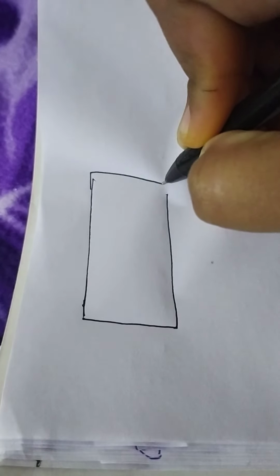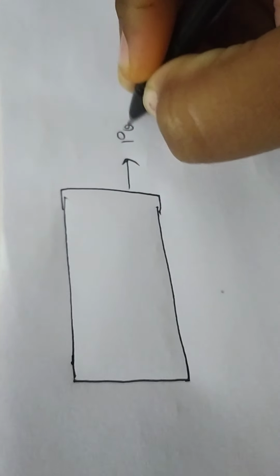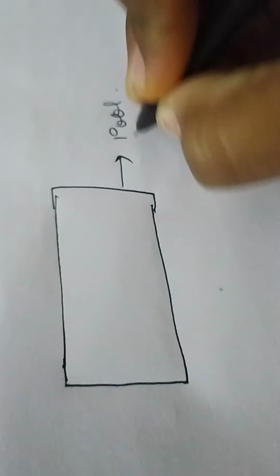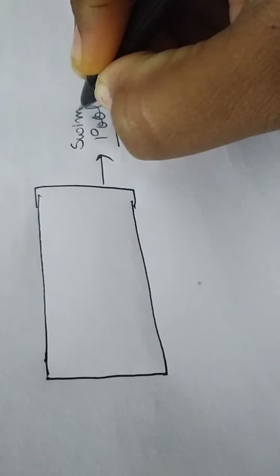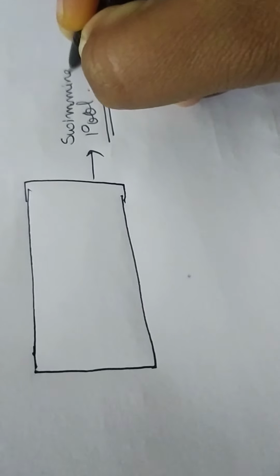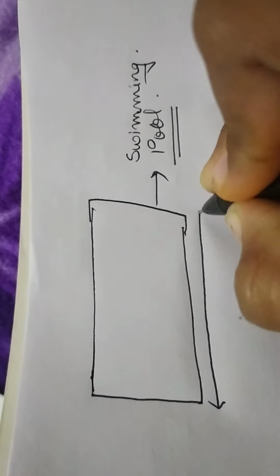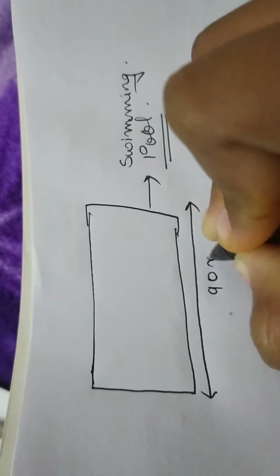This is a pool. What's this? This is a swimming pool, right? And its total length is 90 meter, only 90 meter.